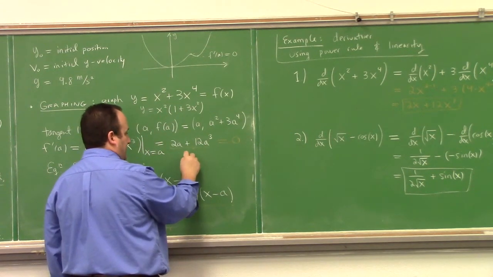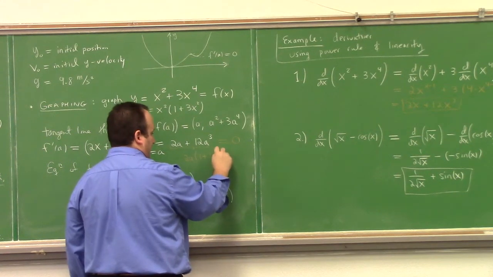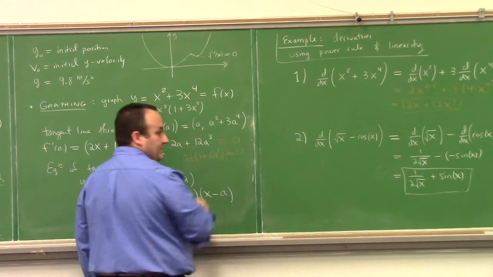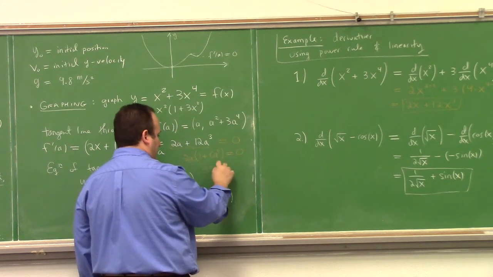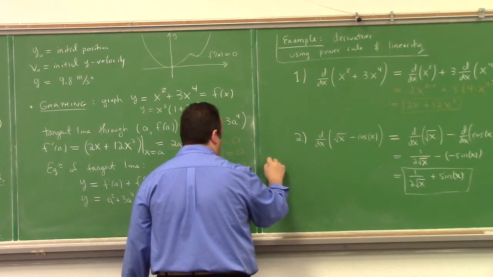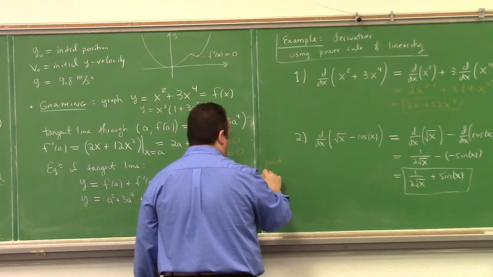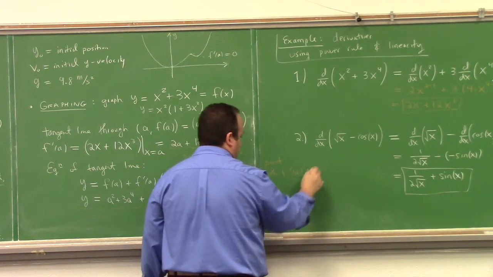We get 2a times 1 plus 6a squared, right? So this gives a equals to 0. This is the only point with f prime of a equals to 0.